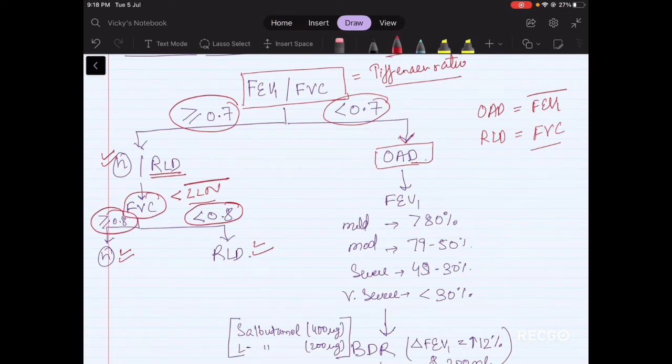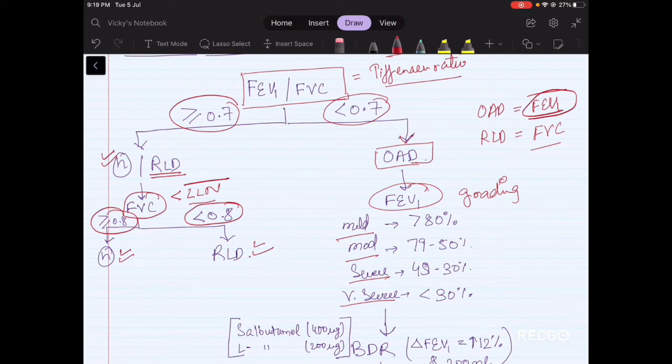Now coming to obstructive airway disease, here I have already told you we make use of FEV1. So for grading also we make use of FEV1. So this is the grading: mild, moderate, severe and very severe. So this grading is universal. It is done in COPD also, it is done in bronchial asthma also.